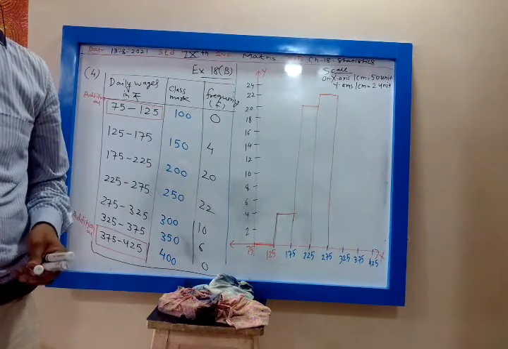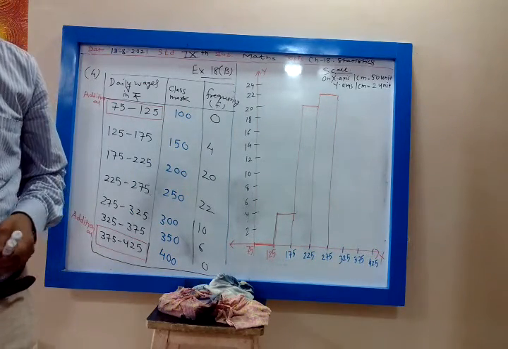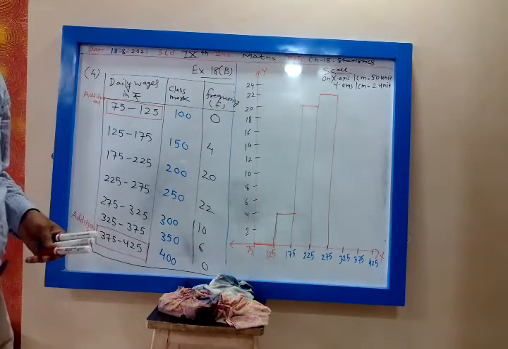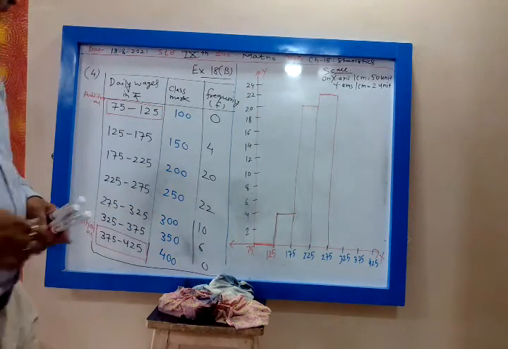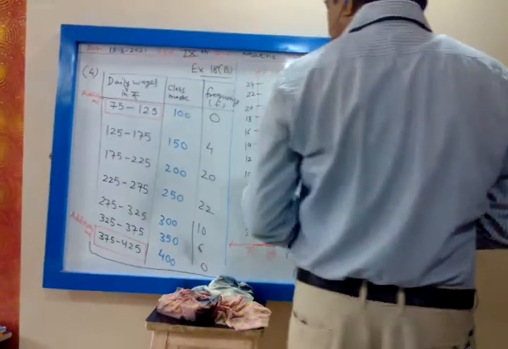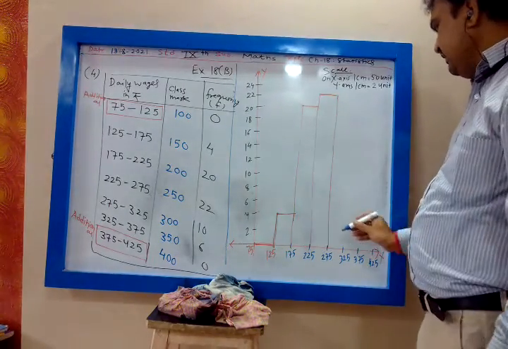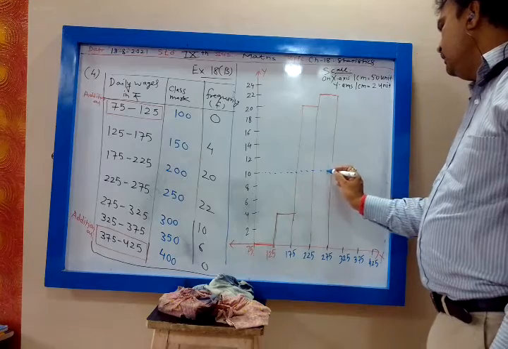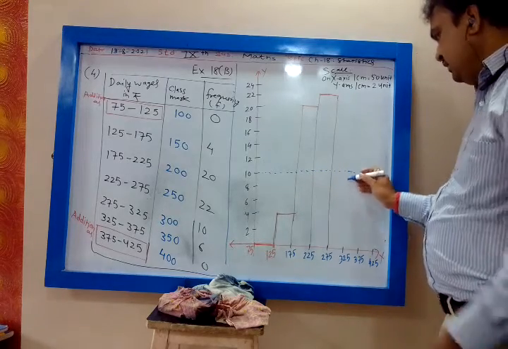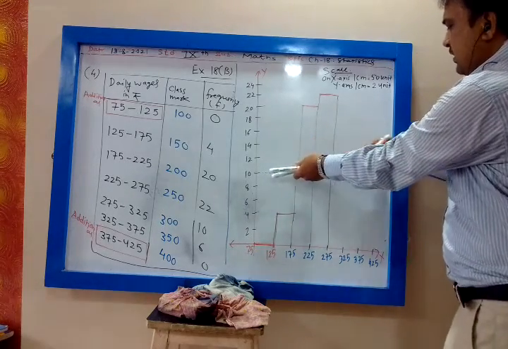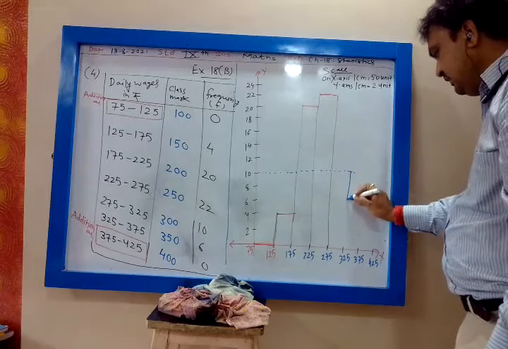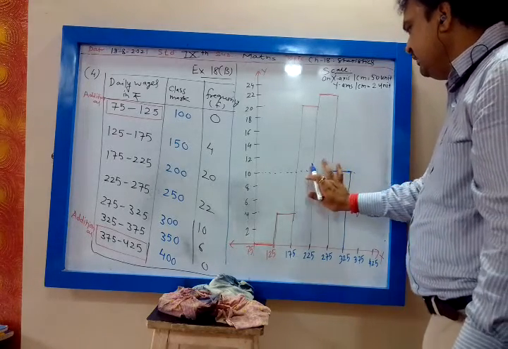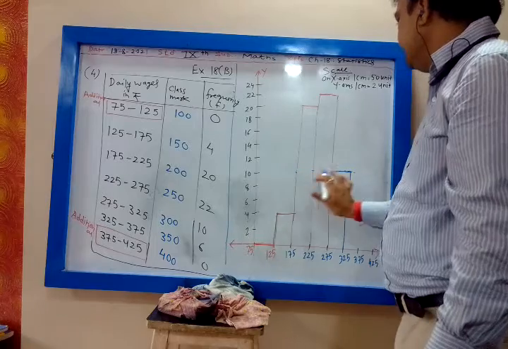Next. Yes, what is next? Next it is 275 to 325, it is 10. So draw the dotted line, keeping the scale like this. Then 275 to 325, it is 10. Erase the dotted line.